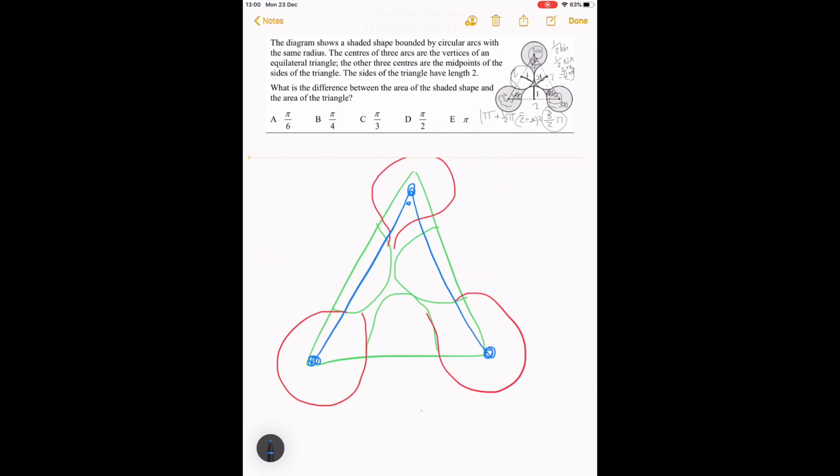Oh, I already did that. But that's fine. Let's draw again. Anyways, so we have that.